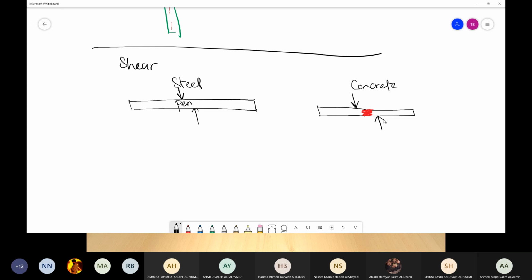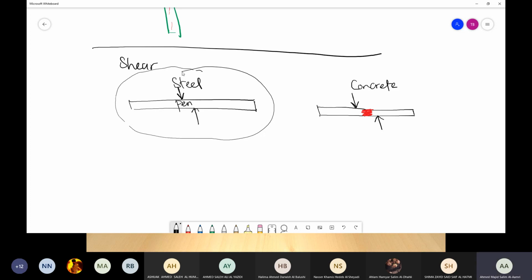Steel will be stronger. Why? Because we don't have any point which is weaker than the other point. In concrete, do we have places which are weaker than the other places?